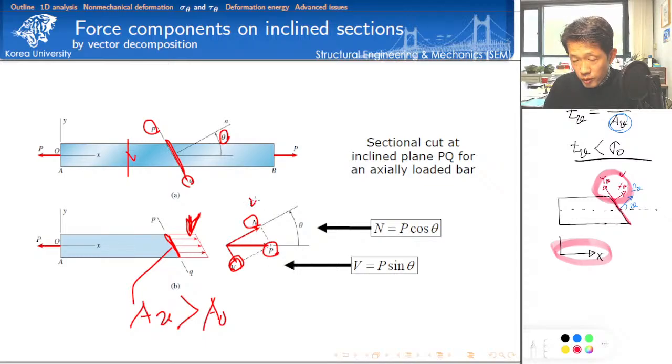The normal force magnitude is the projection of force P by angle theta, that's why P times cosine theta. And how about the shear force V? Make sure that the angle is given by this arrow. That's why we only calculate the magnitude V. V is P times sine theta. Make sure this is a sine theta. Okay.